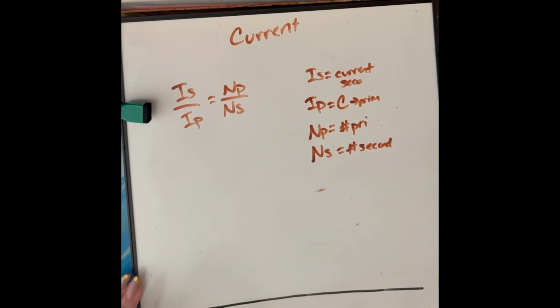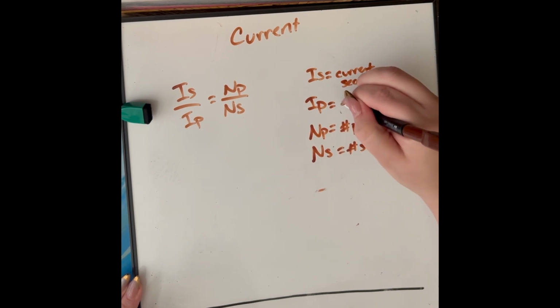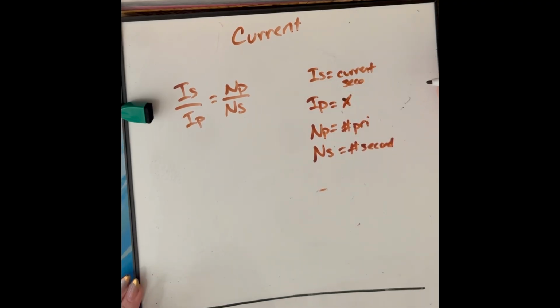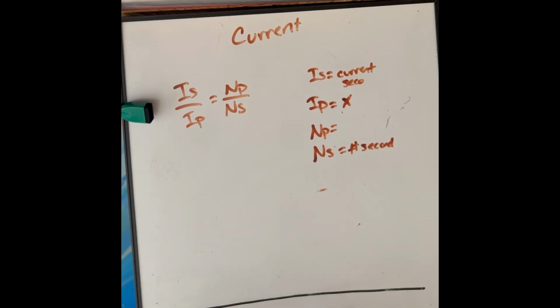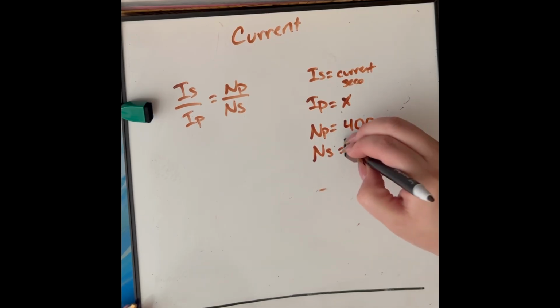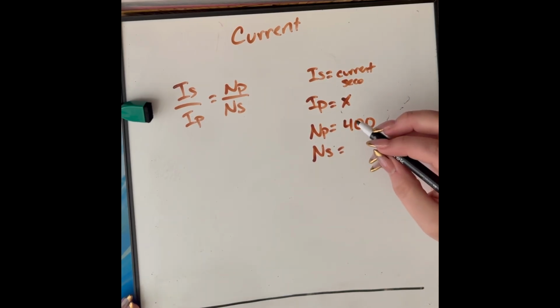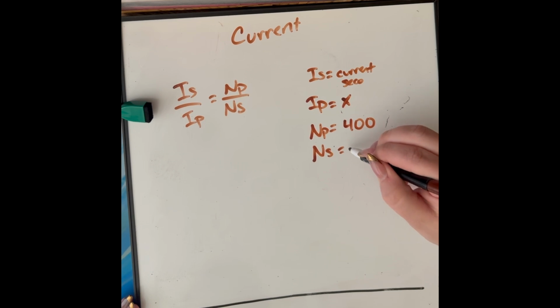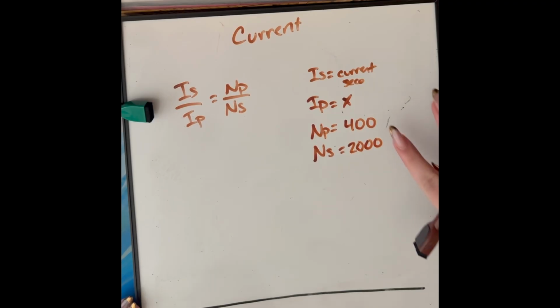What is the applied or the output current if the primary side of the transformer has 400 turns and the secondary side of the transformer has 2,000 turns, okay?